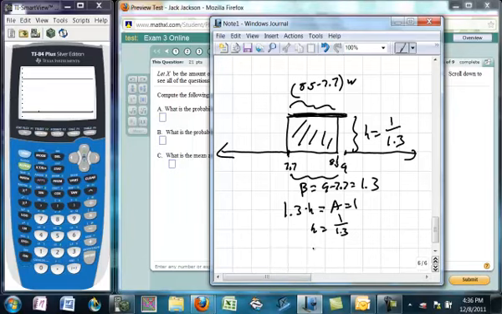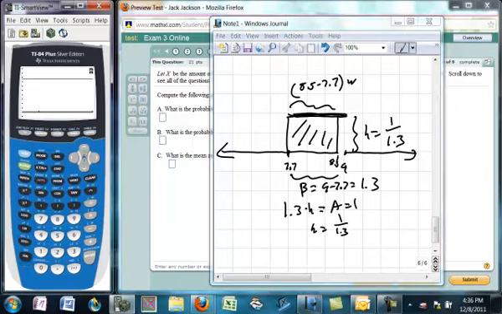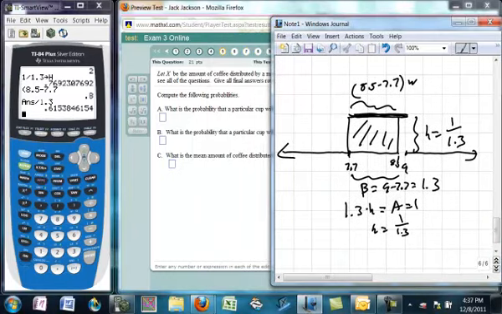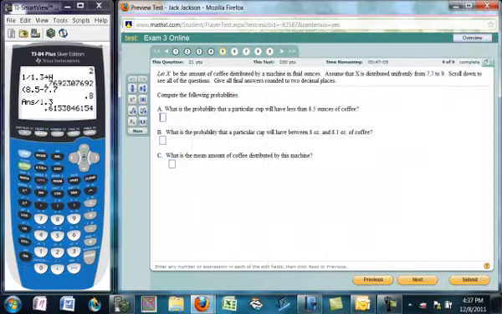So if we compute 8.5 minus 7.7, the width, times 1 over 1.3, we will get the probability that we want, the area there. To 2 decimal places, 0.62.